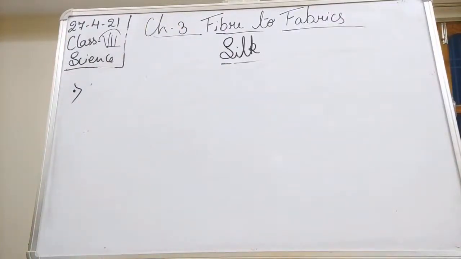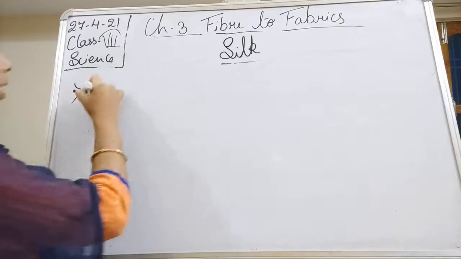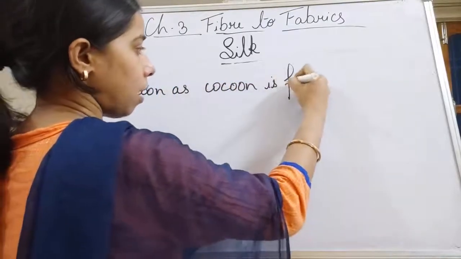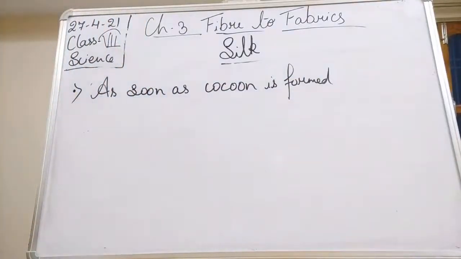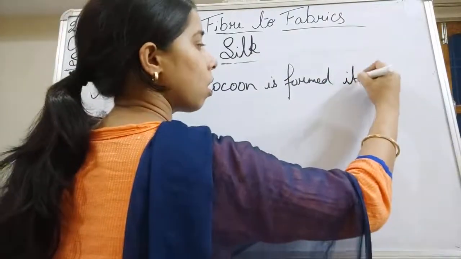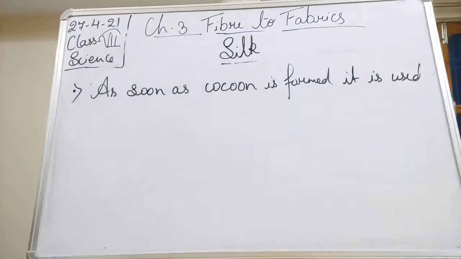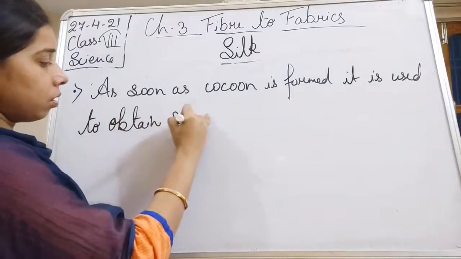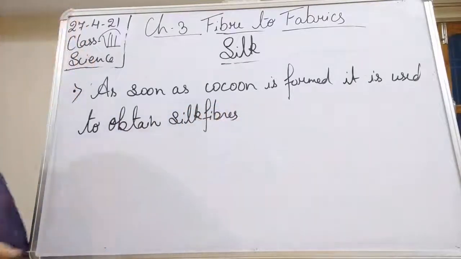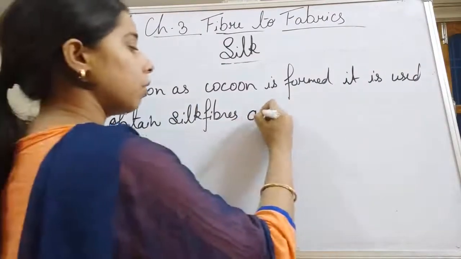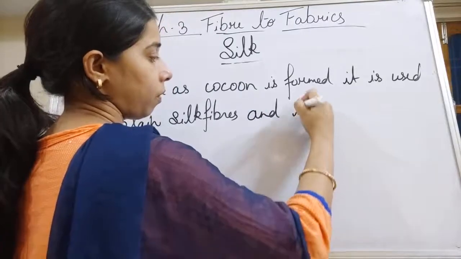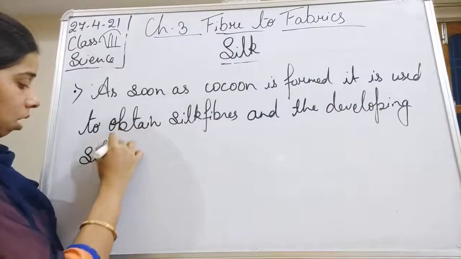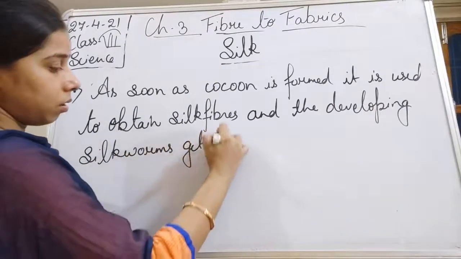As soon as the cocoon is formed, it is used to obtain silk fiber, and the developing silkworm gets killed.